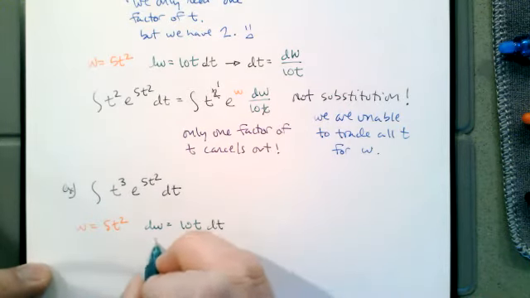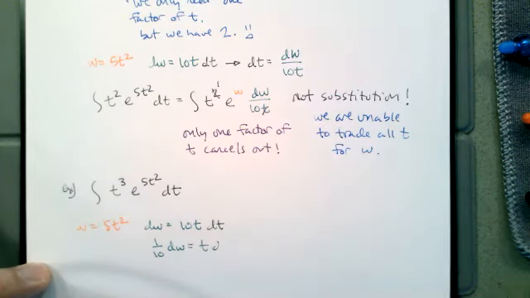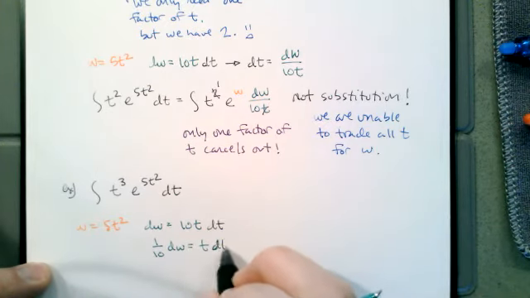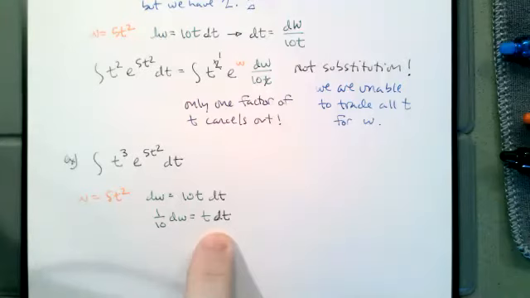So this says that 1/10 of a dw is t dt. So this takes care of one of those factors of t, but there's still two left over.